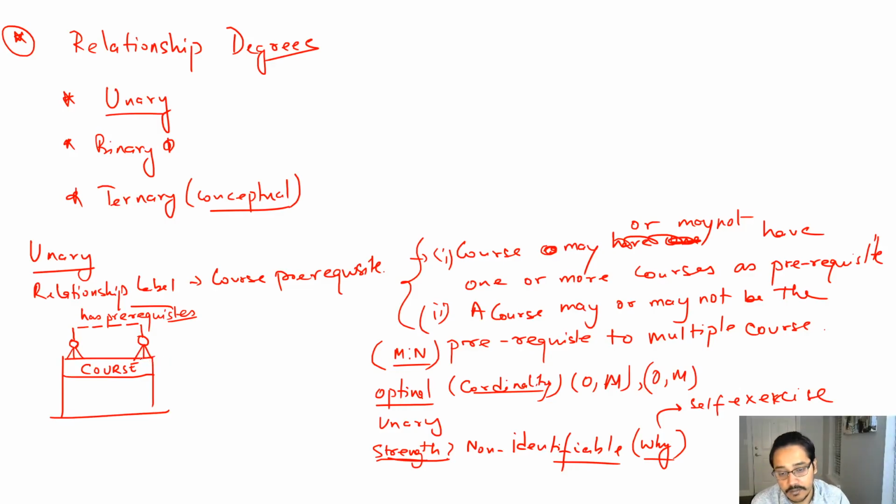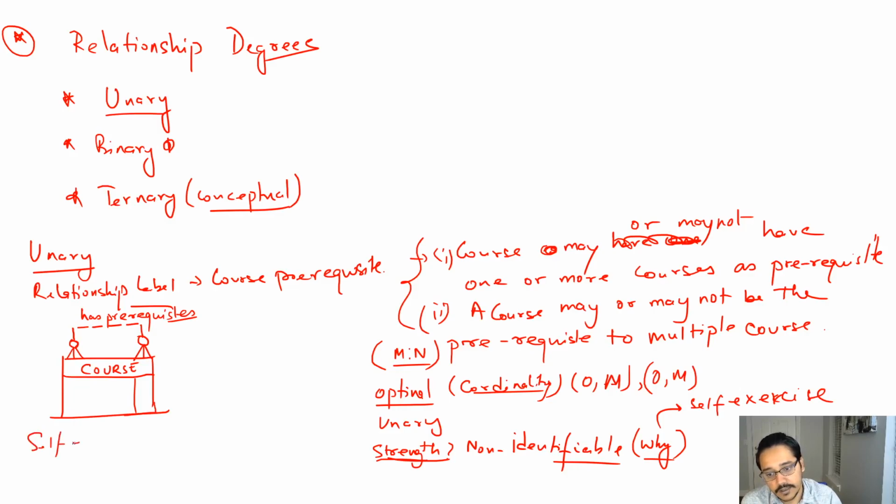All right, but otherwise if it was 1 is to m or 1 is to 1, then you can implement it directly. And when I say directly, you can basically add another column in this particular table which will repeat the primary key, but this time as a foreign key. Okay, so try those things out.